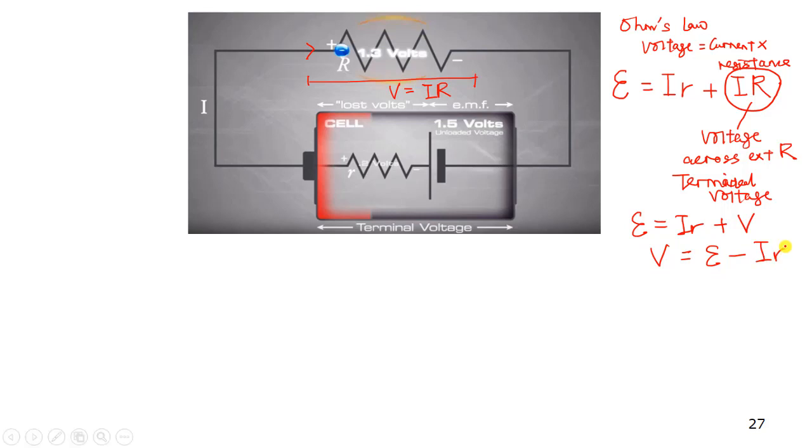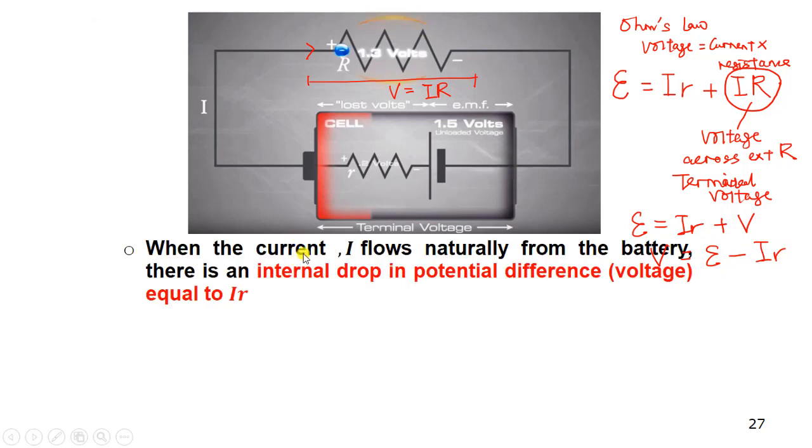That's why we will find out that when current I flows from the battery, there will be an internal drop in potential difference or voltage that is equal to Ir. So, bila current flow keluar dari bateri, sebahagian voltage telah diambil oleh internal resistance. So, yang pergi kepada external akan jadi kurang lah.